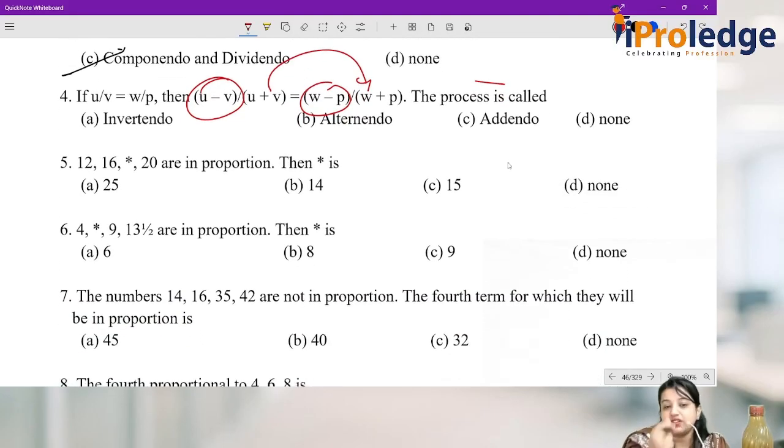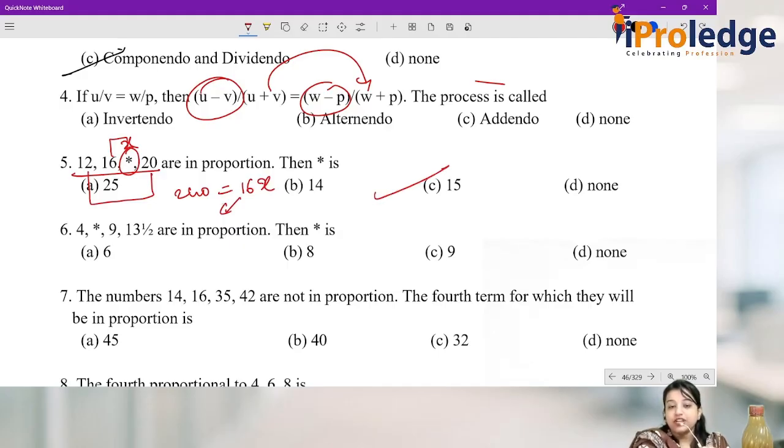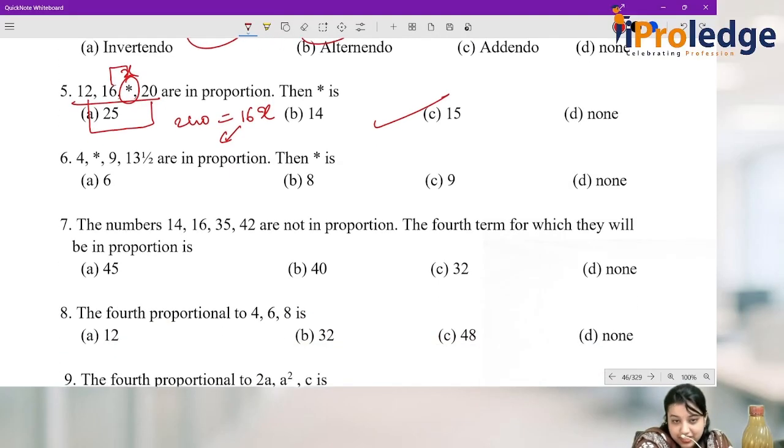So fifth one. So how many proportions are there? Product of extremes 240 equal to product of means 60x. So x will be 240 divided by 60, 4.